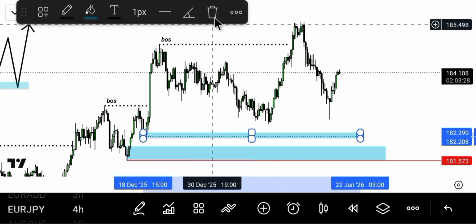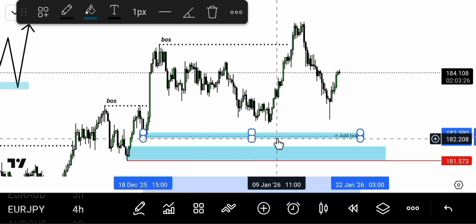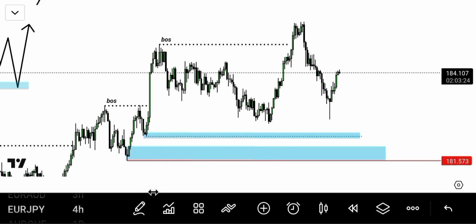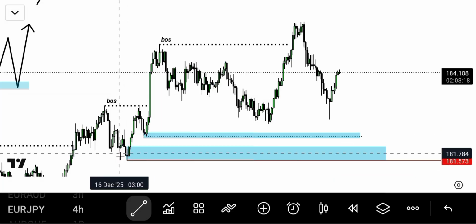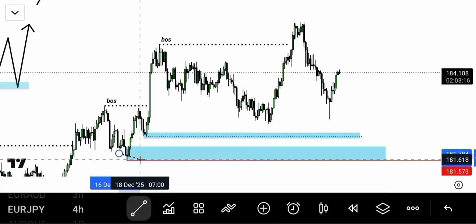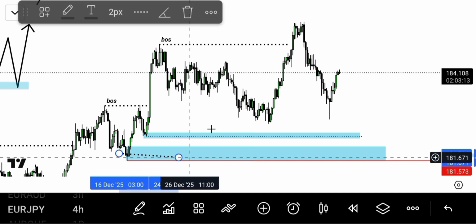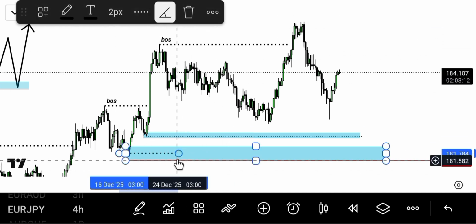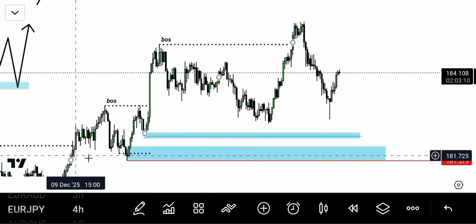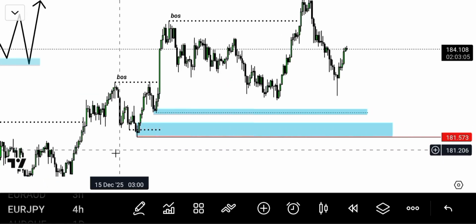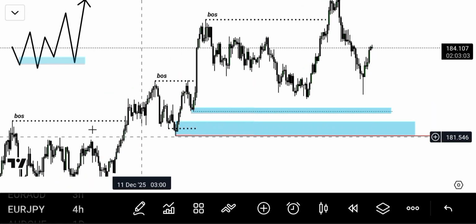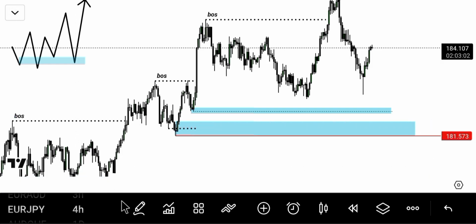Well, the reason we choose this one over that one is because this one did a couple of things. This one actually swept liquidity. In most cases, I want to see that it swept liquidity and tapped into a key level, this breaker block right here.